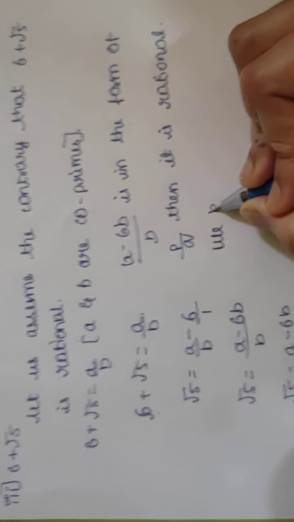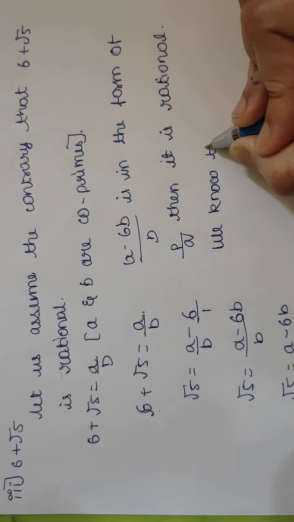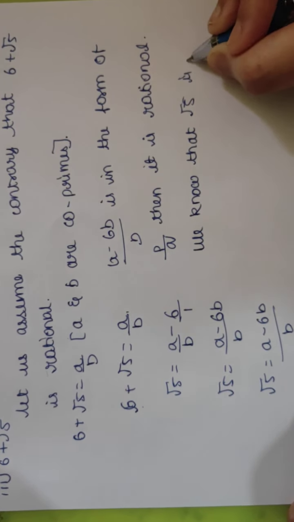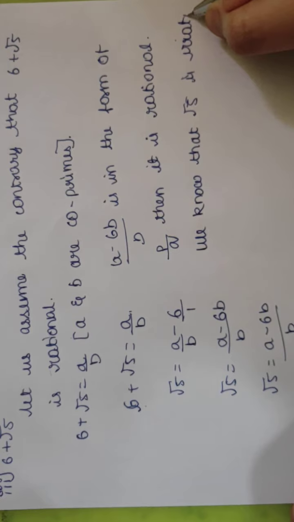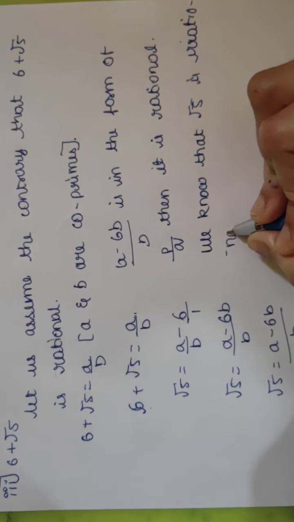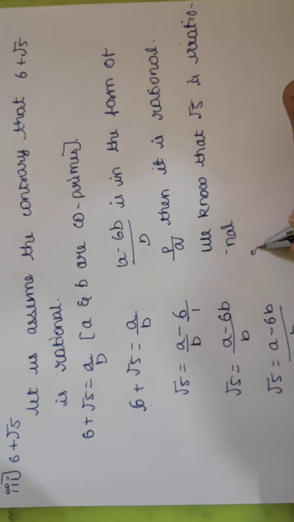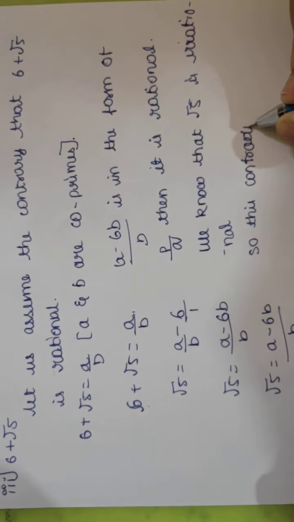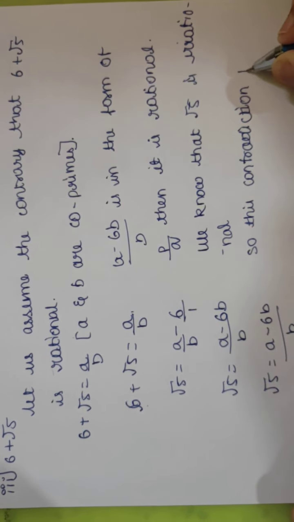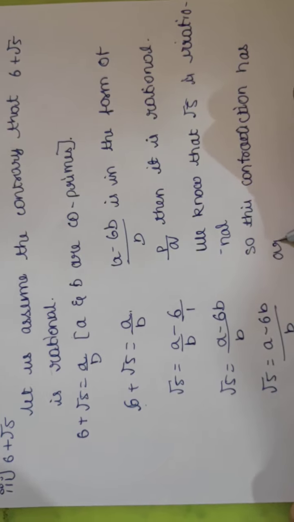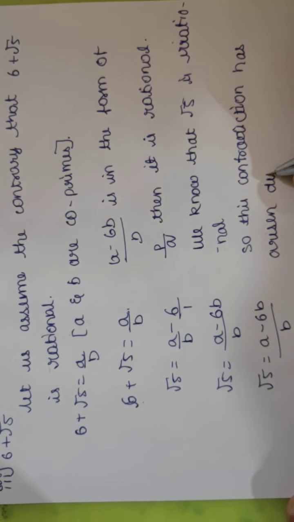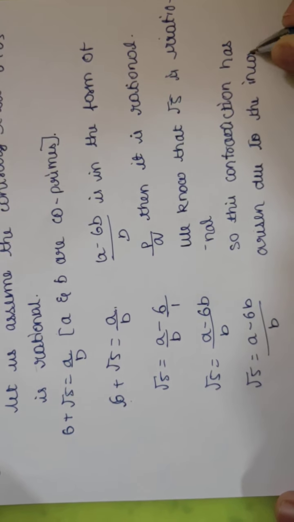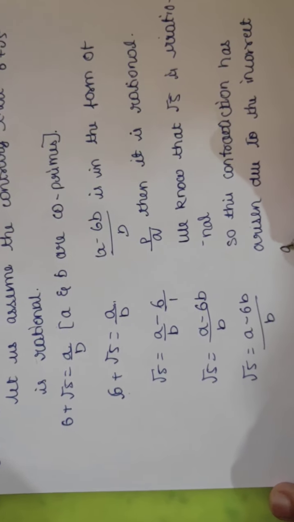But we know that root 5 is irrational. So we can conclude that this contradiction has arisen due to the incorrect assumption.